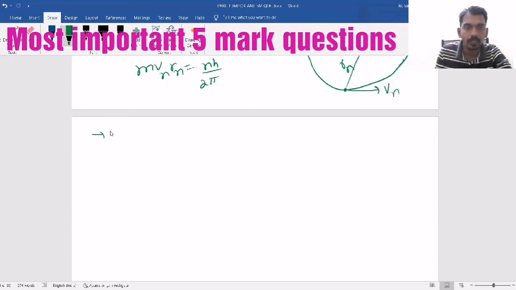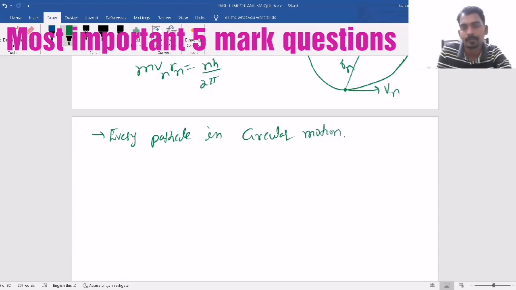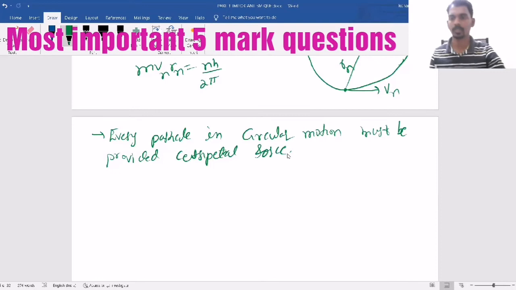Now, next thing is every particle in circular motion must be provided centripetal force.